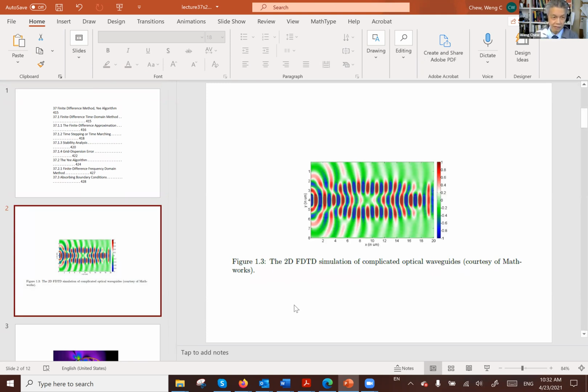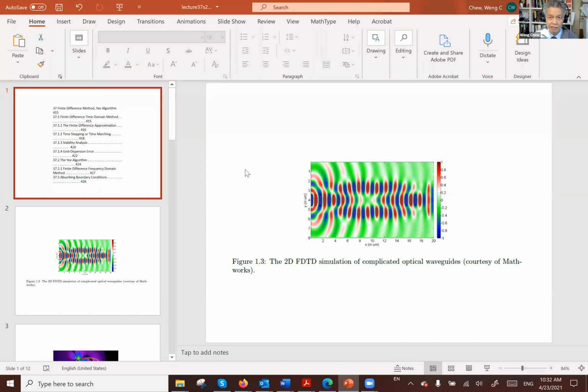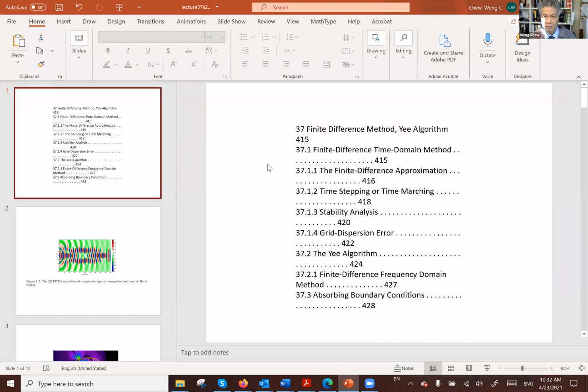Okay, let's get started then. Today I'd like to talk about the finite difference method, especially the E algorithm. I will start with primarily talking about finite difference method for time domain, the so-called finite difference time domain method.